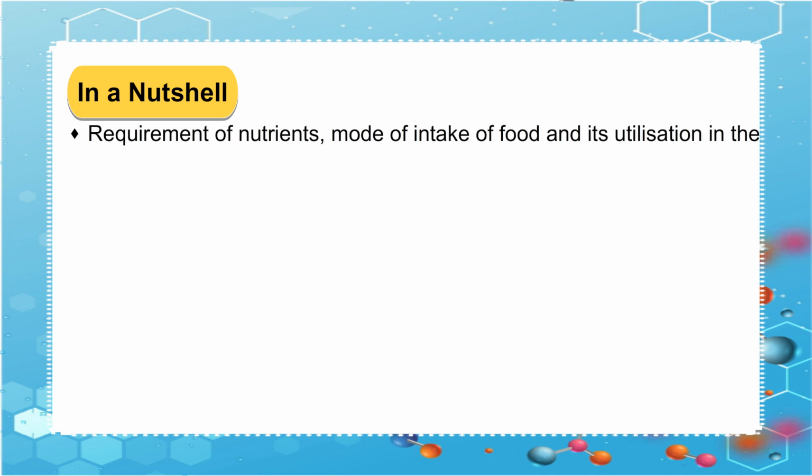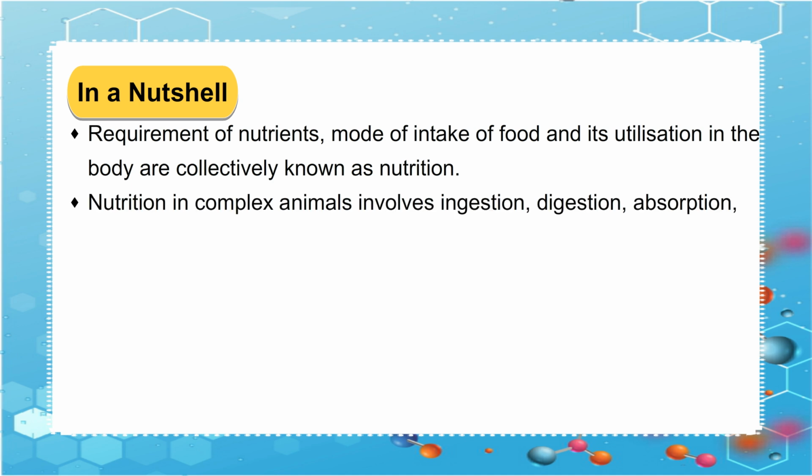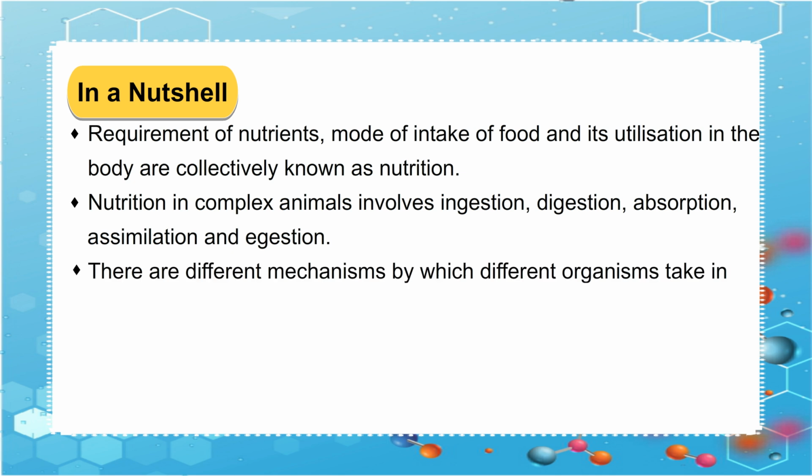In a nutshell, requirement of nutrients, mode of intake of food, and its utilization in the body are collectively known as nutrition. Nutrition in complex animals involves ingestion, digestion, absorption, assimilation, and egestion. There are different mechanisms by which different organisms take in food.